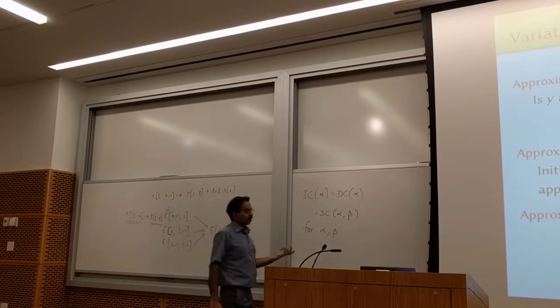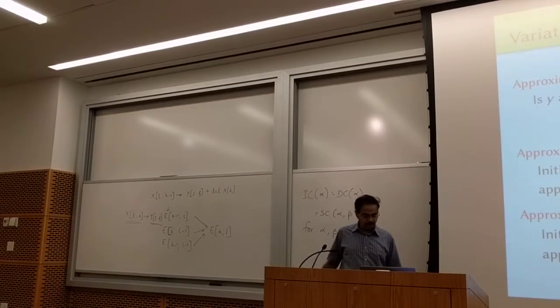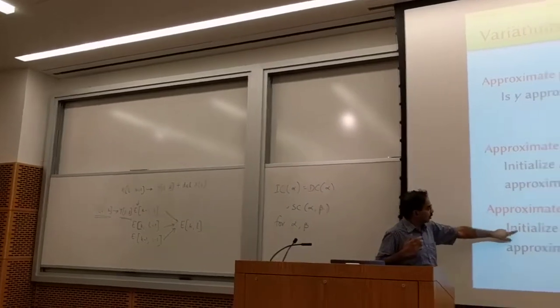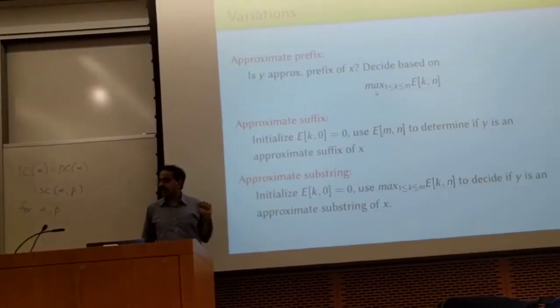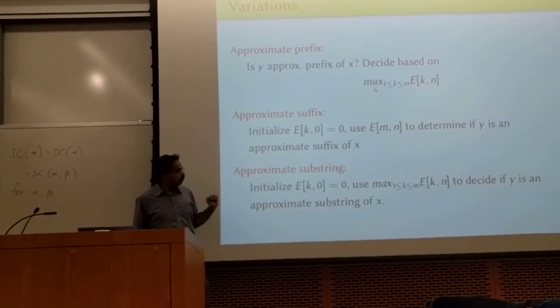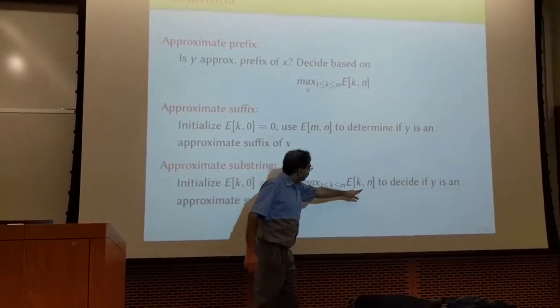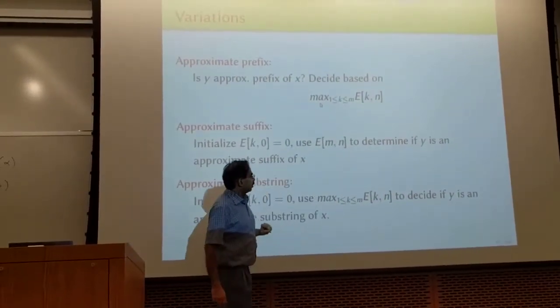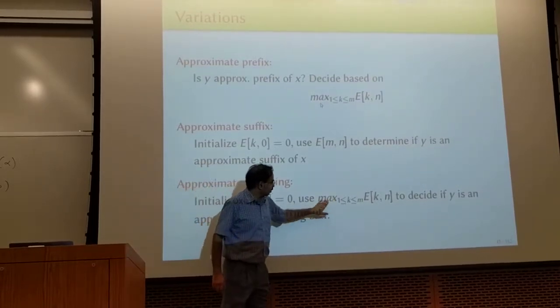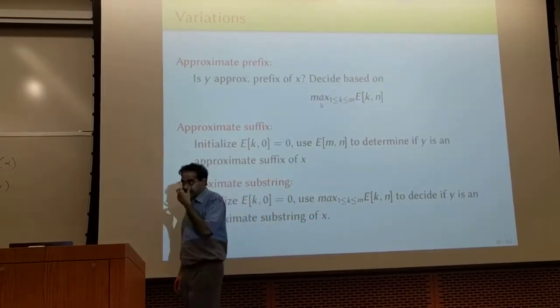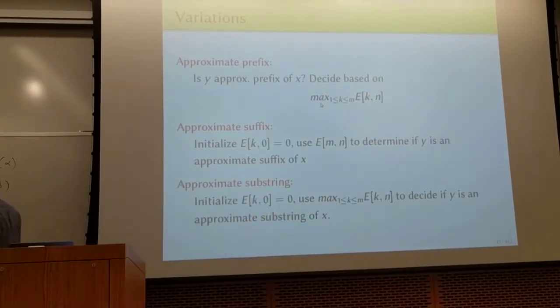So therefore I just put these two together. I do this initialization, which allows me to drop any prefix of x, and then I pick this entry e of k comma n such that this is again should be min. And that way I get the substring that matches.